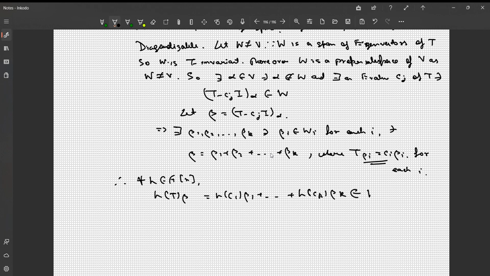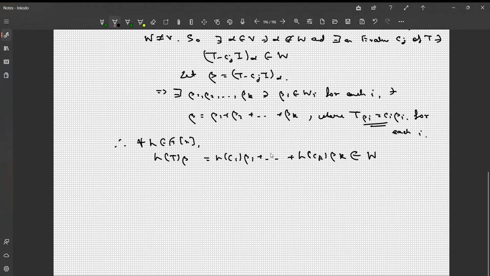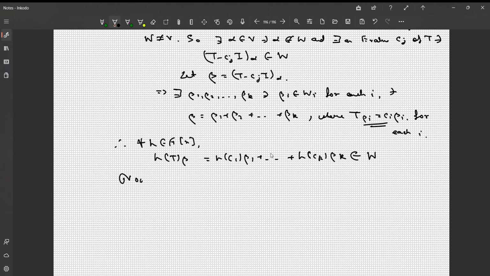This is an immediate conclusion from this, right? And obviously this must be inside W, because this is basically nothing but a linear combination of the elements beta 1 till beta k.